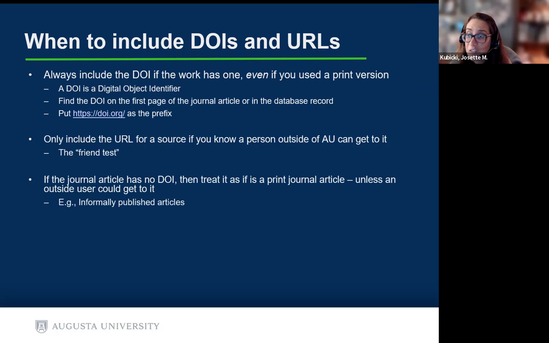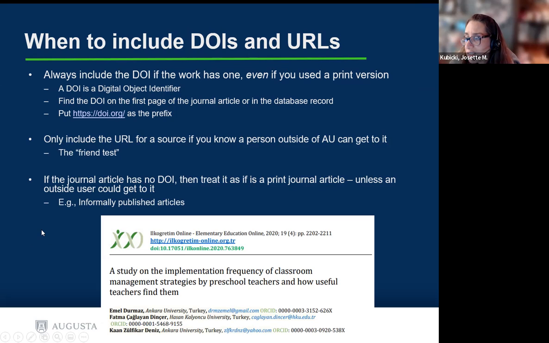These tend to be informally published articles. And some ebooks are also freely available online. The US government has put out a lot of free ebooks on different topics that people can download. So yes, you can include the URL if outside users can get to it without needing a login.